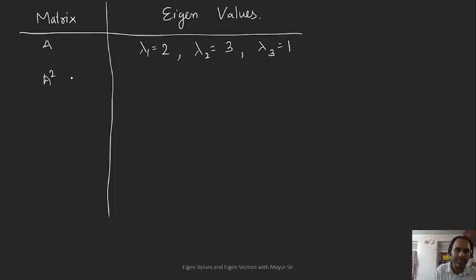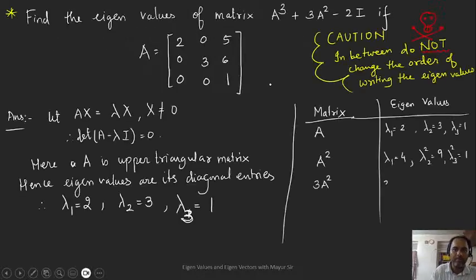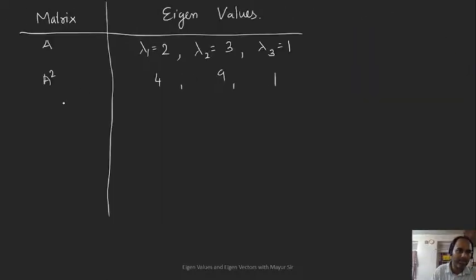So for A square you had 4, 9 and 1. For 3A square you will have 3 into 4 is 12, then 3 into 9 is 27, then here you will have 3.